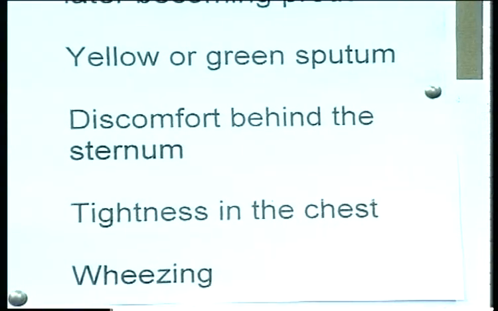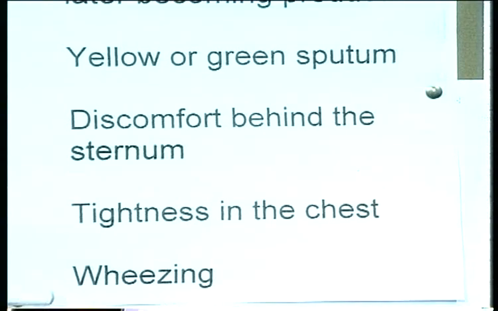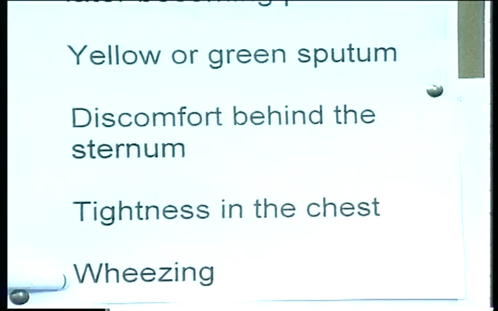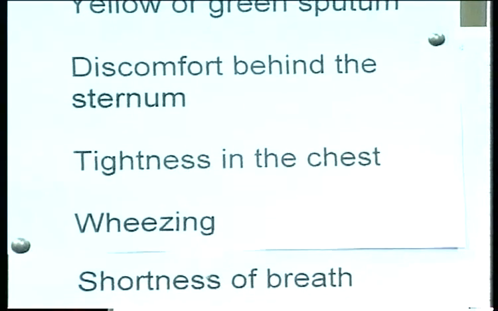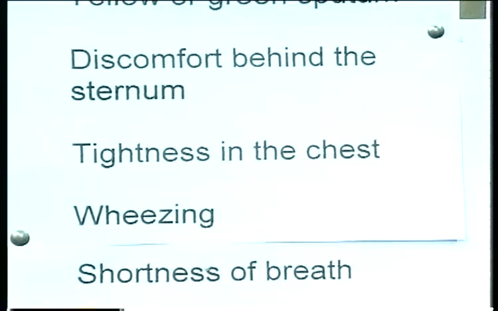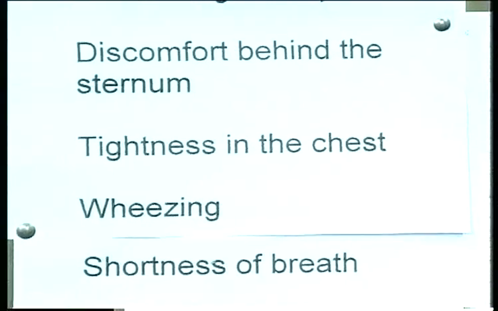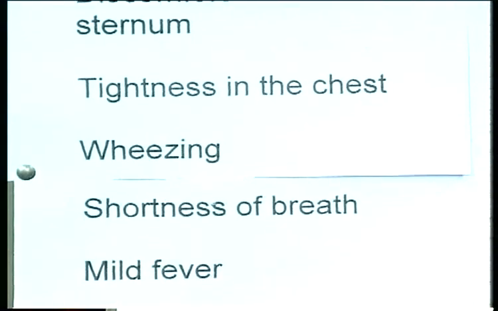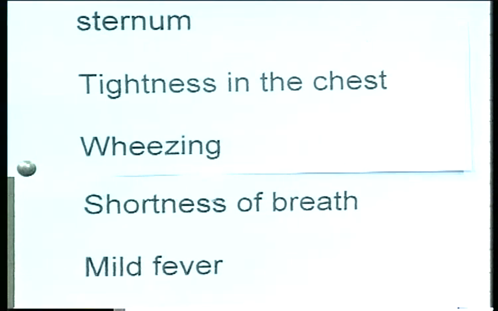Now remember, the air is going in and out of the bronchial tree through inflamed passages. Therefore there's more mucus and things in those passages. Therefore there tends to be some obstruction, so there can be wheezing as the air gets past the obstructions in the bronchial tree. Of course, because the lungs are involved and the person's ill anyway, there'll be shortness of breath. And whenever anyone has got an acute infection, they shouldn't exercise anyway.